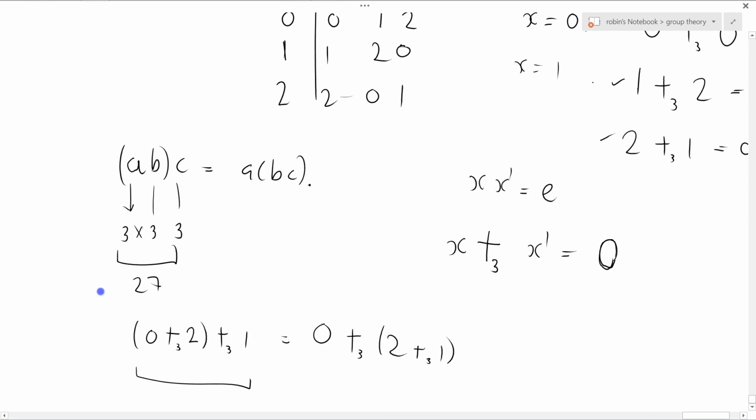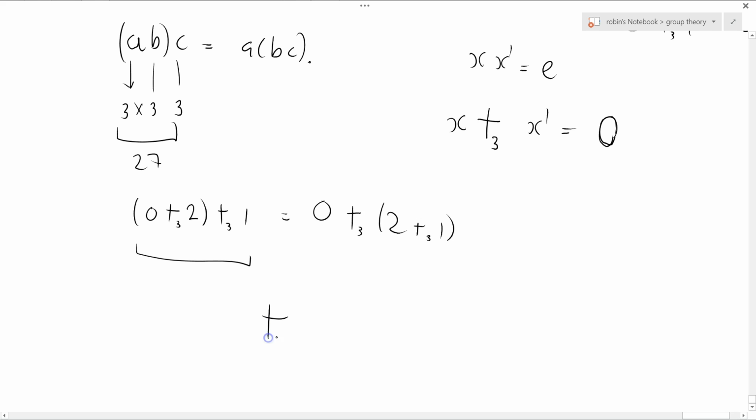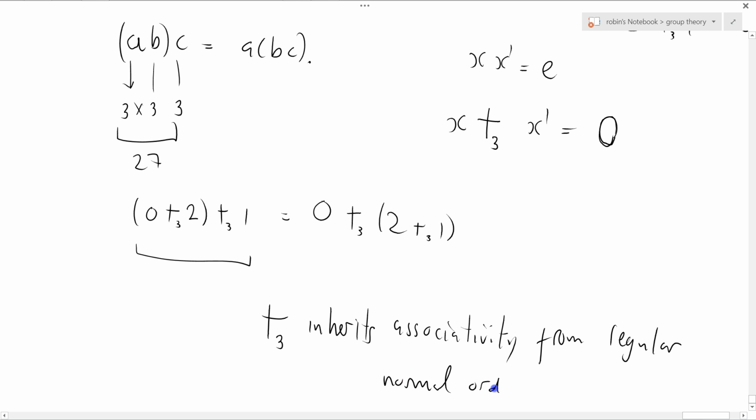But I'm not going to bother, because I'm going to observe that regular addition, integer addition at least, is associative. And integer addition modulo 3, plus modulo 3, inherits associativity from regular, normal, ordinary addition.